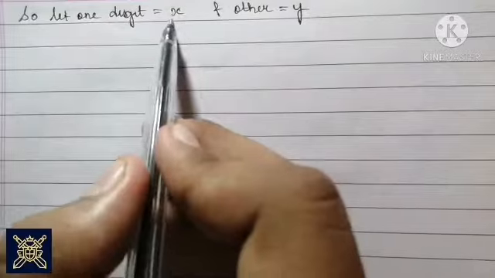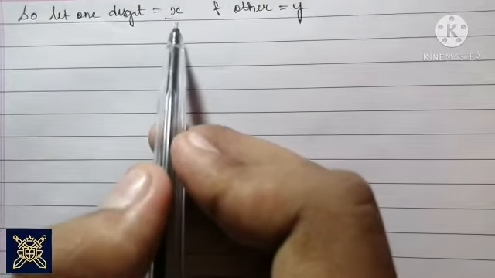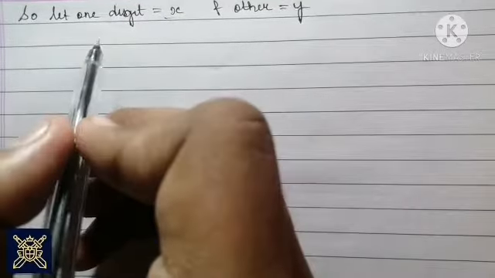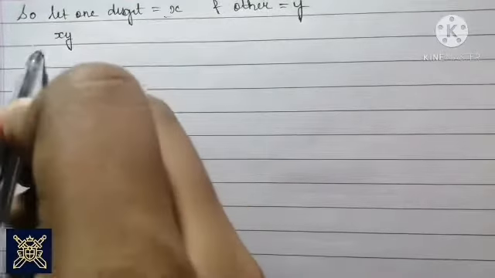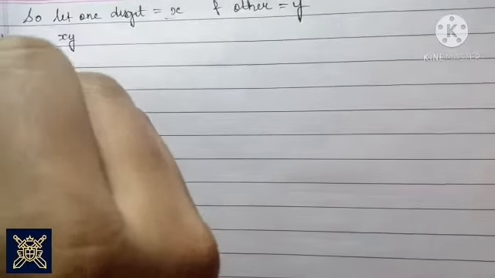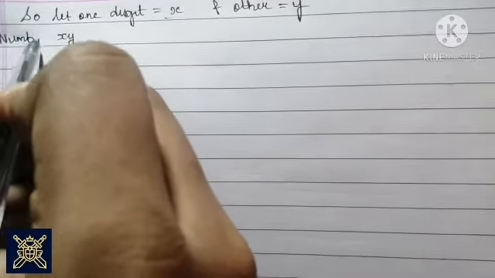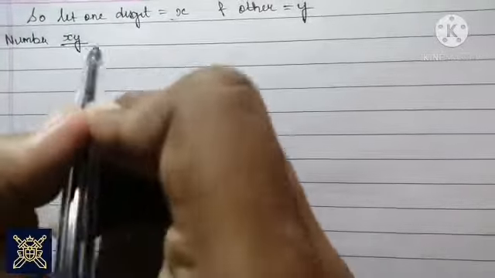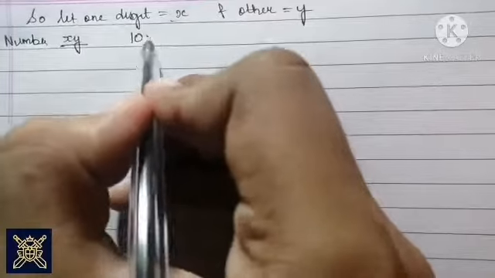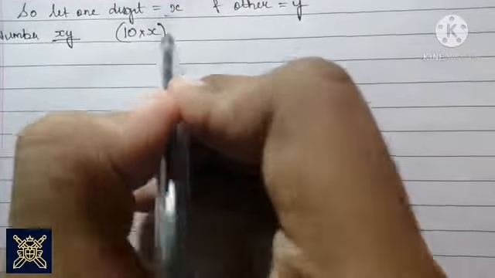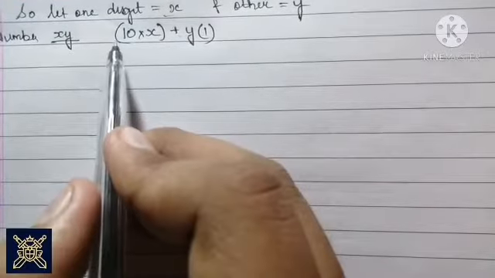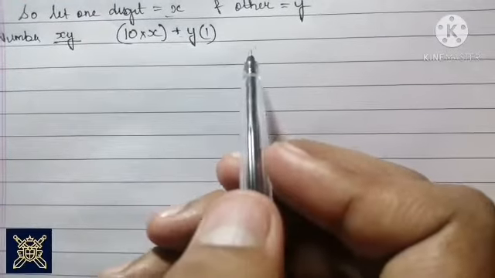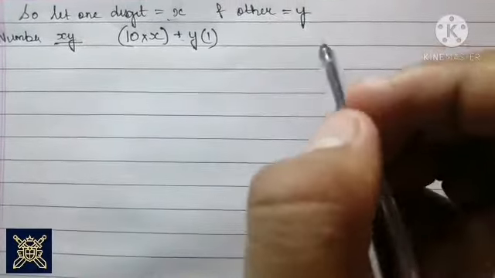So if these two are the variables, then what would the number be? If we take x as the tens digit, and the formation of the number is xy, then the value will be 10 into x plus y into 1. This is the very basic expanded form that we have studied in the earlier classes.